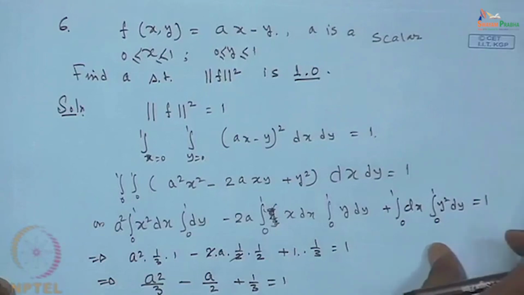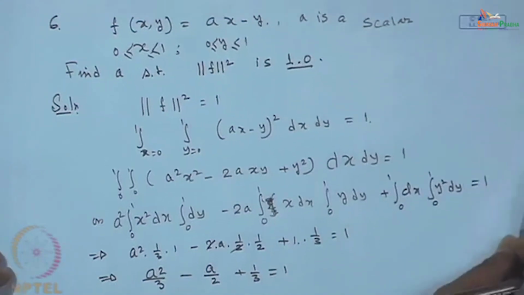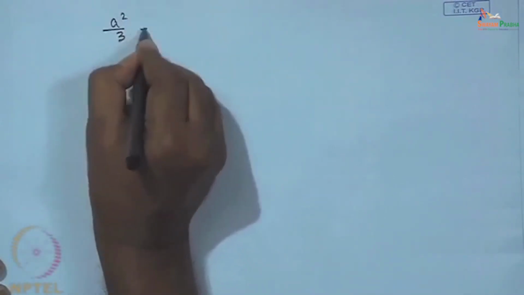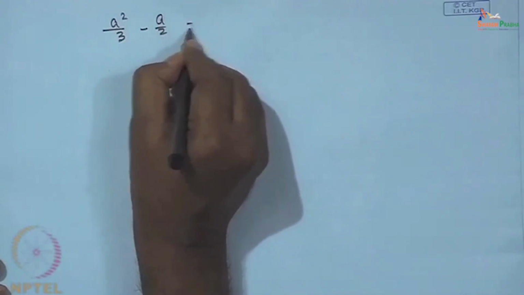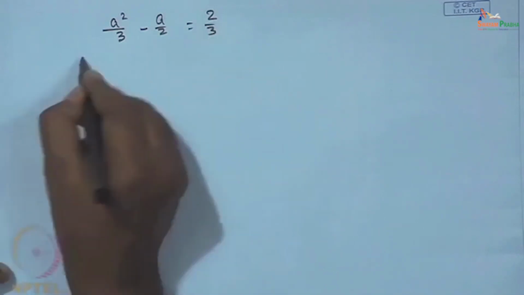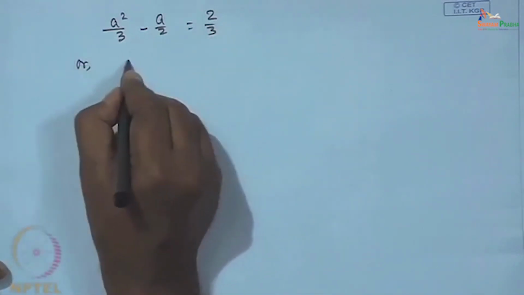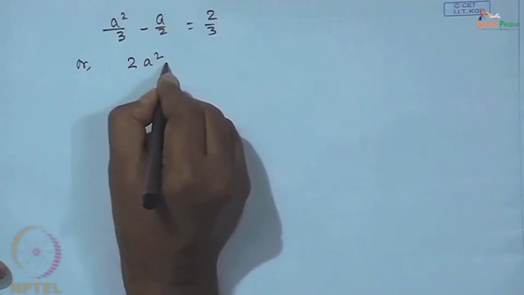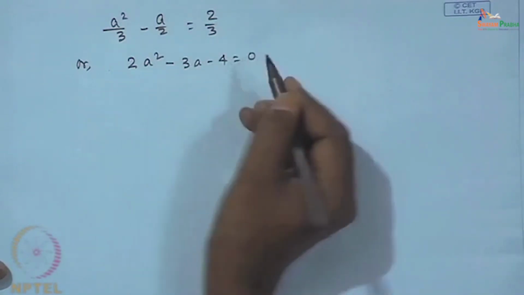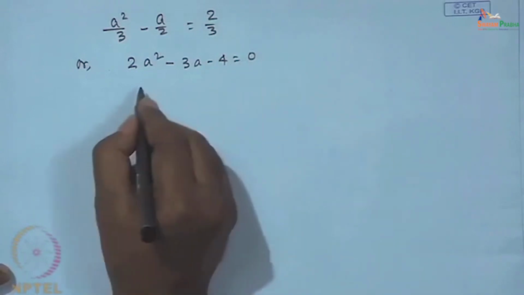We further simplify this equation and this becomes a square by 3 minus a by 2 is equal to 2 by 3. So, we will end up in a quadratic of a, and this will be simply 2a square minus 3a minus 4 is equal to 0, and this quadratic has to be solved.